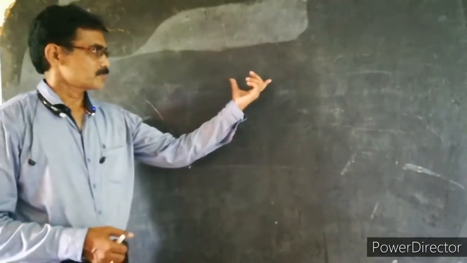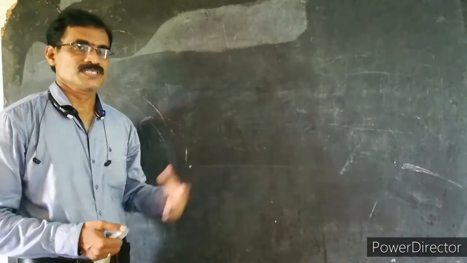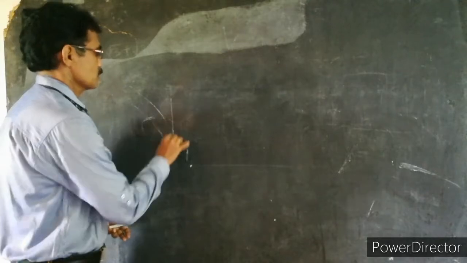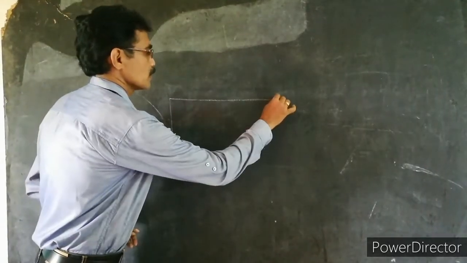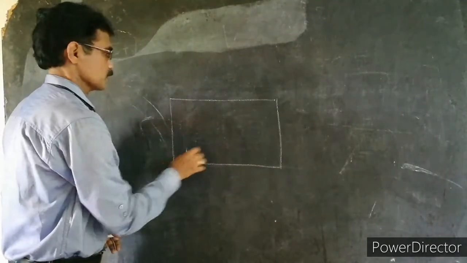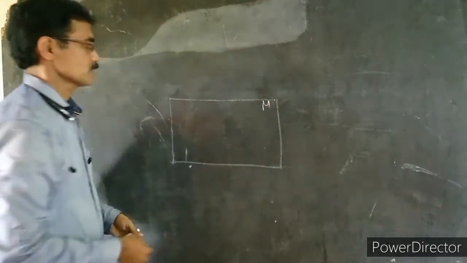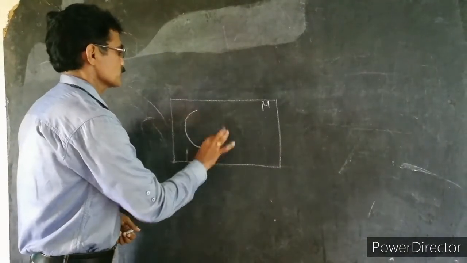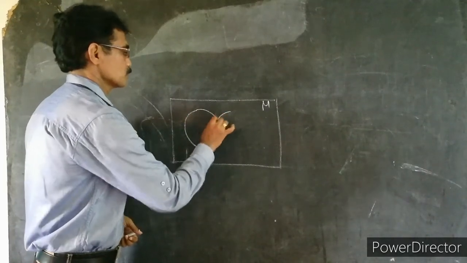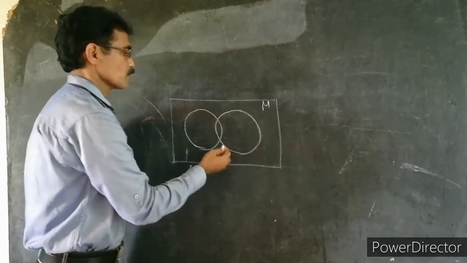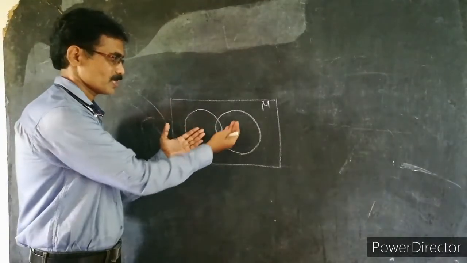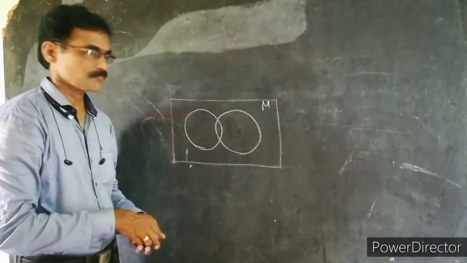Now we represent this set by using Venn diagrams. First you draw a rectangle shape, because this is the universal set mu, and in this you have two overlapping sets. Overlap means one on the other, like this.